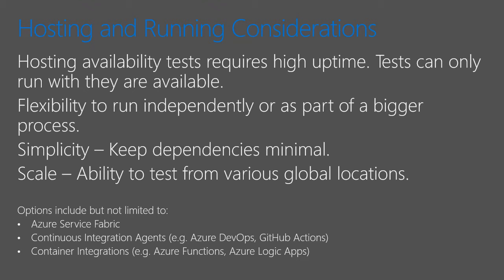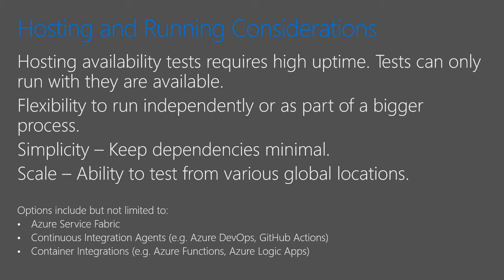We want our test doing the minimum possible to just tell us something's available. Because if it relies on something that's unavailable, we're maybe not recording accurate results about the workload or service that we're trying to report on. So remember, keep it simple.